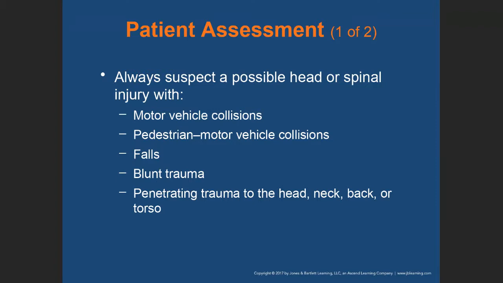Falls, blunt trauma, and remember, falls that are 3 times an adult's height are considered significant. Falls that are 2.5 times a pediatric height are considered significant. If a patient falls from a standing position and loses consciousness, that is significant. Blunt force trauma, penetrating trauma to the head, neck, back, or torso.